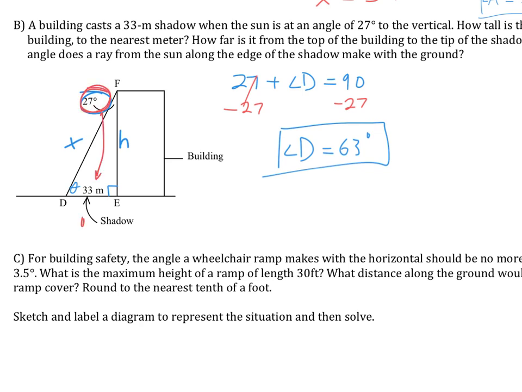And so we know our opposite, looking for my adjacent, we also have a hypotenuse. And so since we have opposite and adjacent, O and A, we're going to want to use tangent.